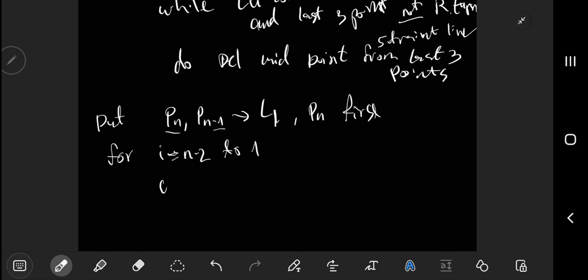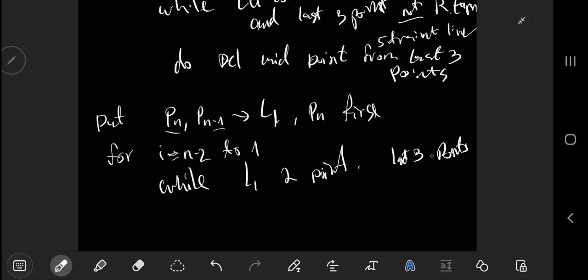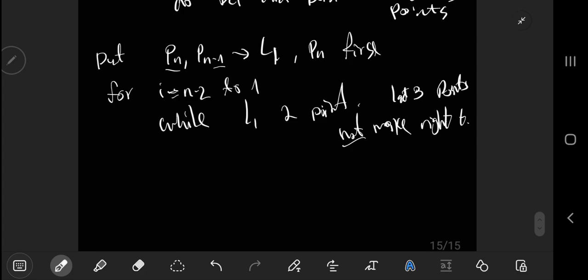Now, again, the same idea: while L lower contains at least 2 points, and the last 3 points do not make a right turn, if it happens, I need to get the middle point out. So delete the middle of the last 3.